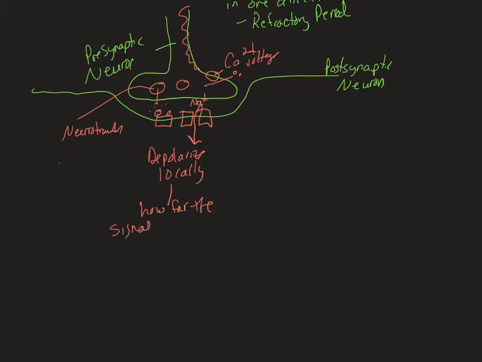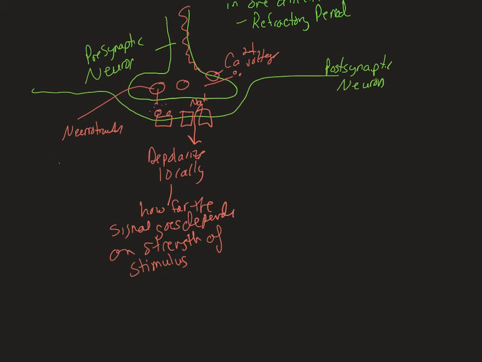And if you remember, how far the signal goes depends on the strength of the stimulus. If a lot of sodium enters, it'll be a strong signal. If not a lot of sodium enters, it'll fizzle out.